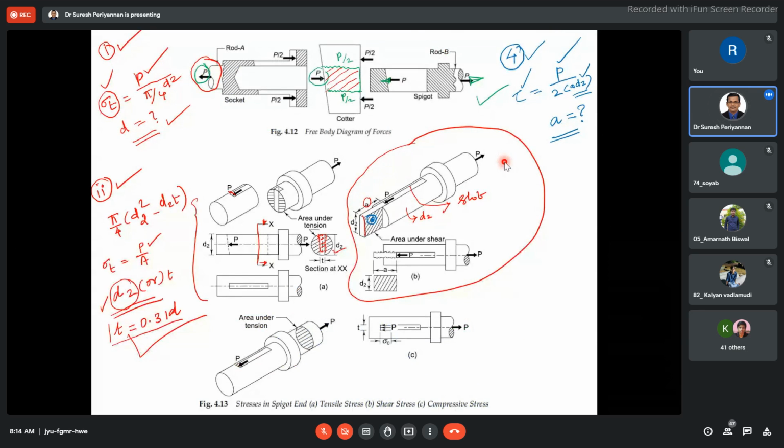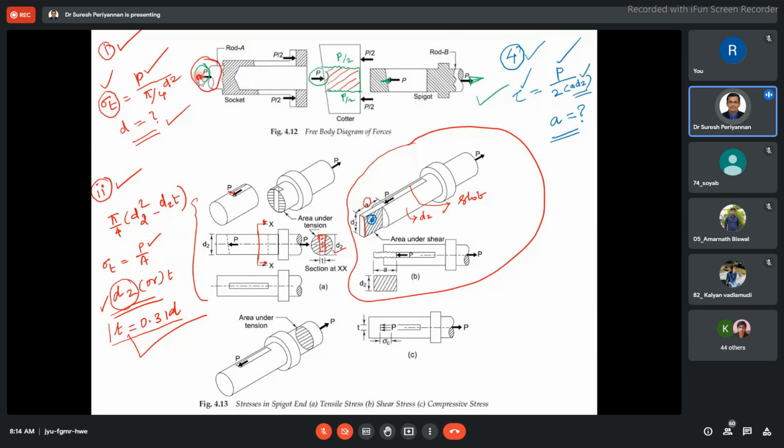See clearly here how the force is acting on each component. The force P is acting on the left side of the socket rod. Force is acting on the right side, the rod of the spigot rod. Now the force components should be in mechanical equilibrium for each component.